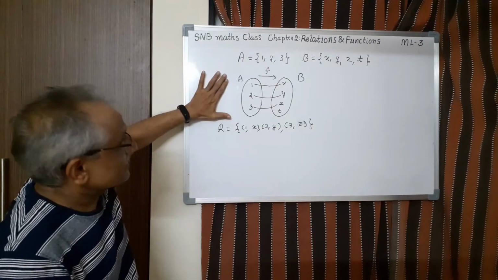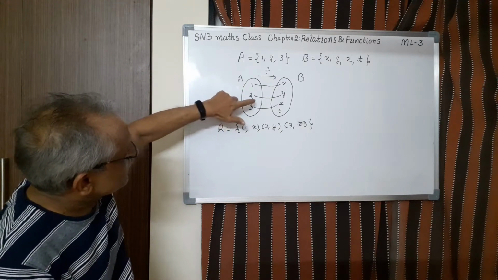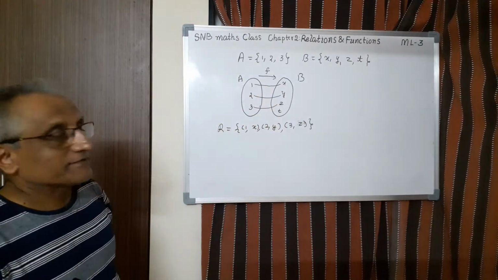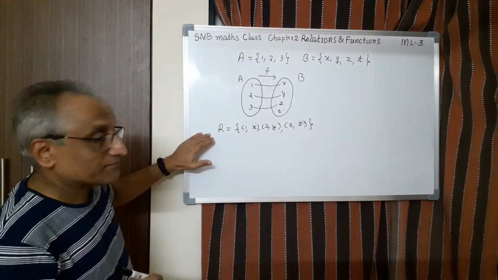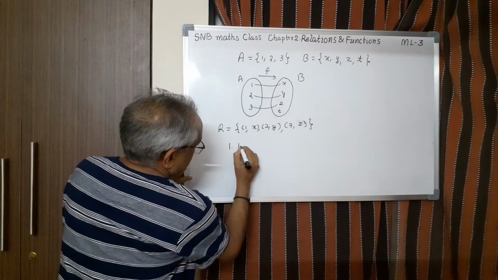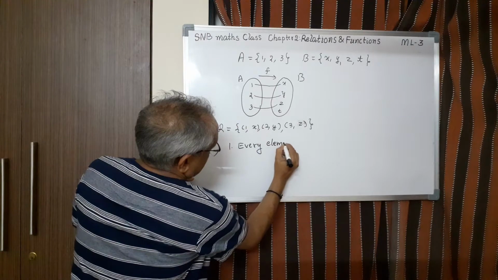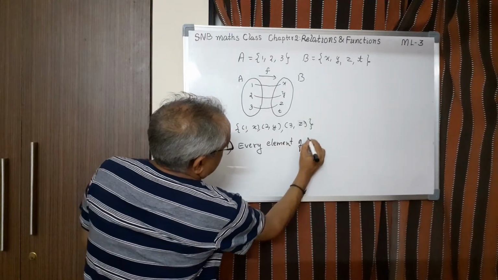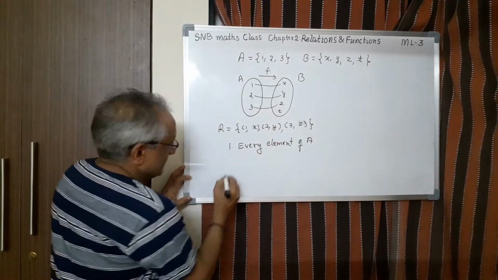This is called function. Condition is every element here should be related to some element here. So that is the condition of a relation becoming a function. So two important conditions are, condition number 1 is every element of A should be related to some element. That is one thing.